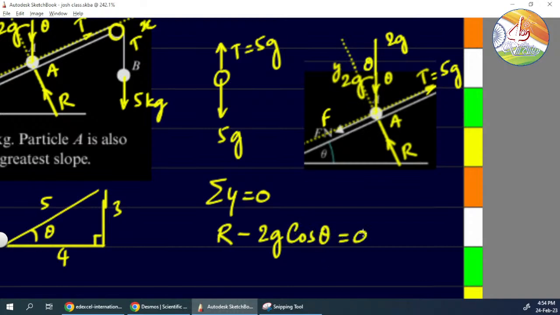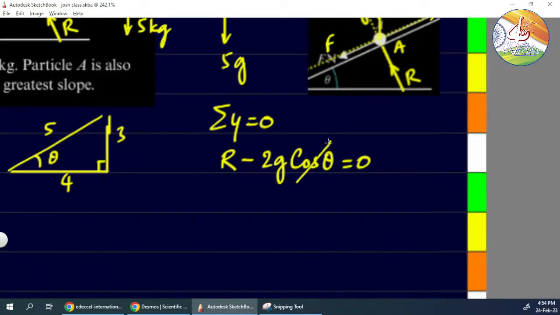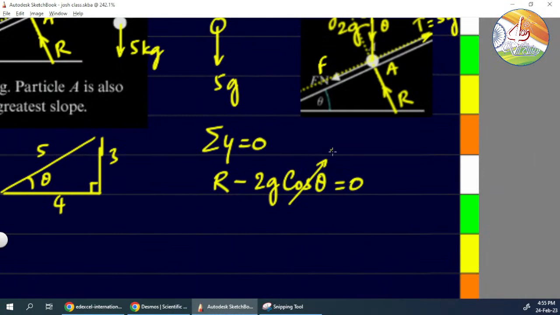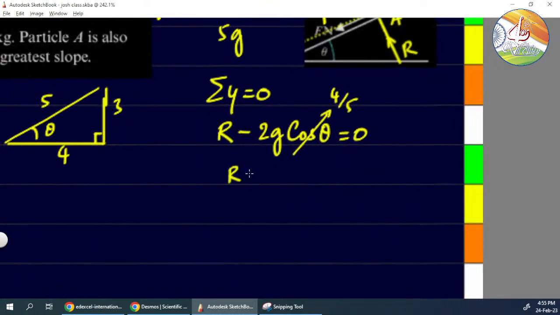So the total should be 0, no? So we know the value of cos theta from this diagram. It is 4 by 5. So substitute that, we will get R value as minus becomes plus on the other side, into 4 by 5. So what do we get? Calculate.